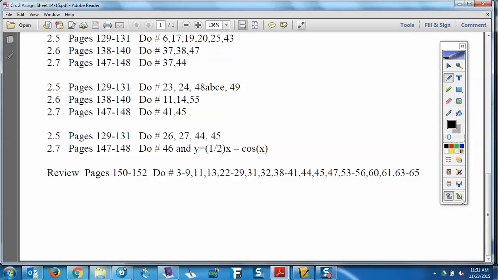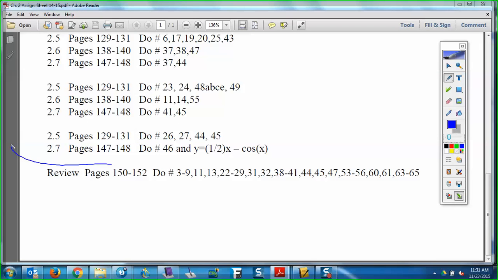This last line right here, I would cookie cutter.